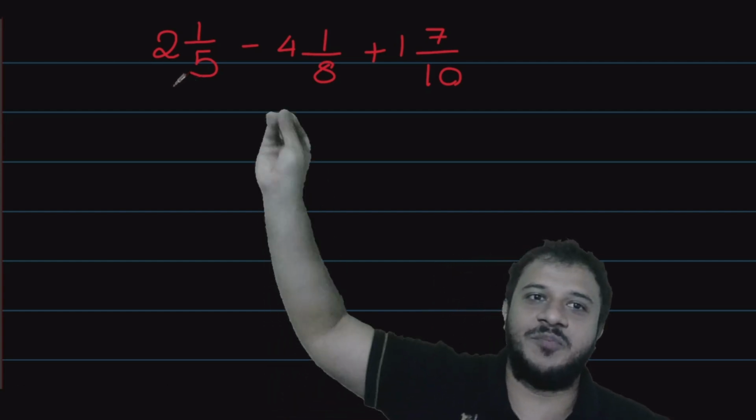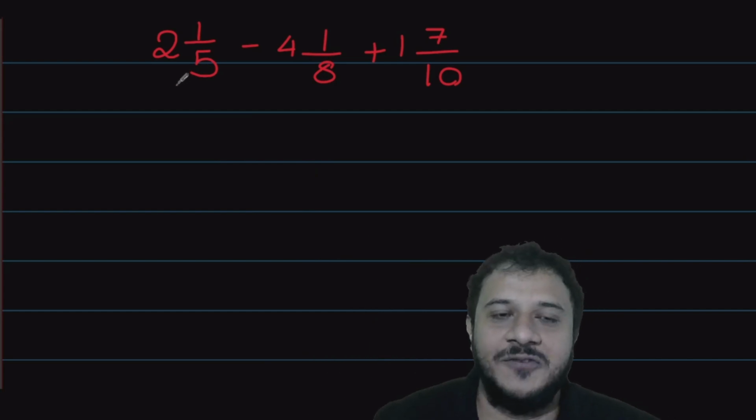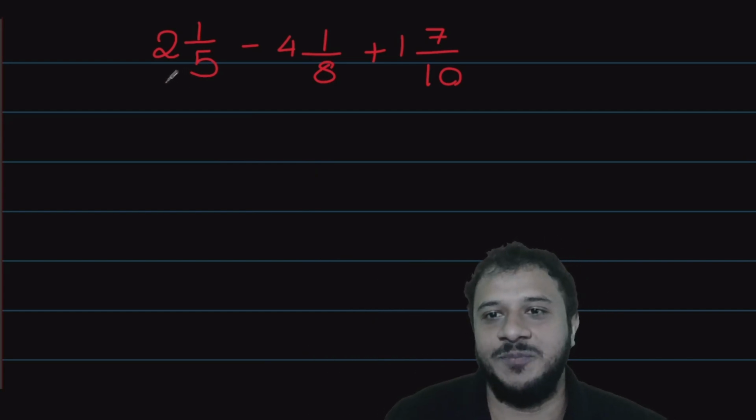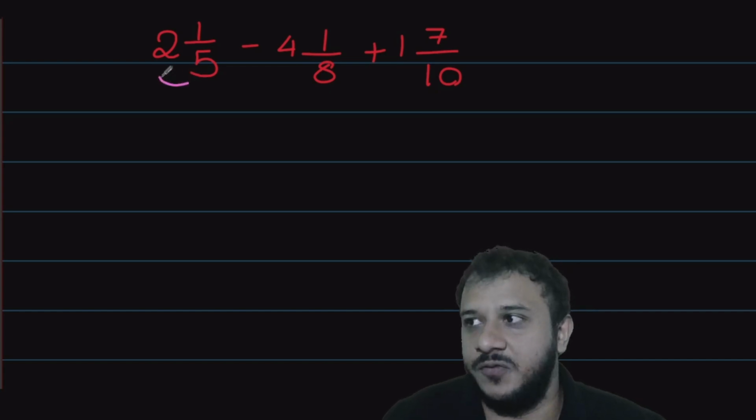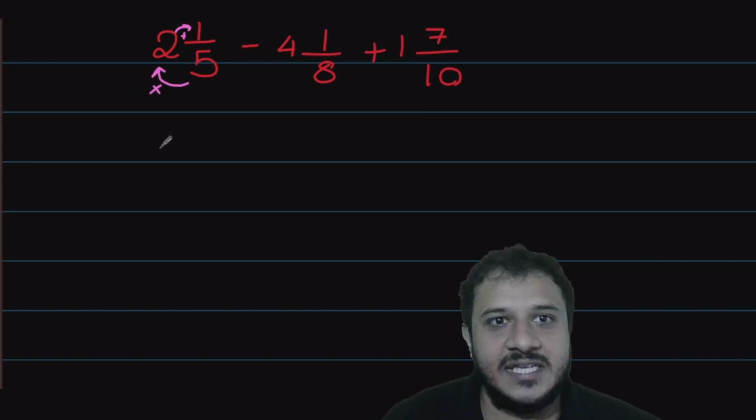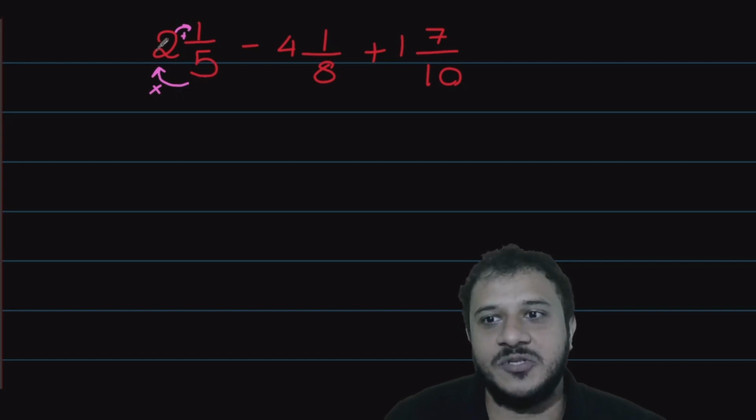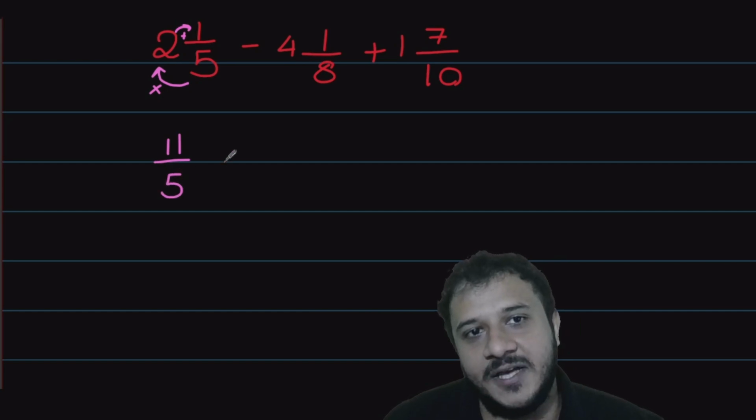Who can remember the improper fraction of 2 1/5? How do we make 2 1/5 into an improper fraction? We multiply 2 by 5 and then add the 1, isn't it? So 5 times 2 is 10, plus 1 is 11. 11 out of 5.